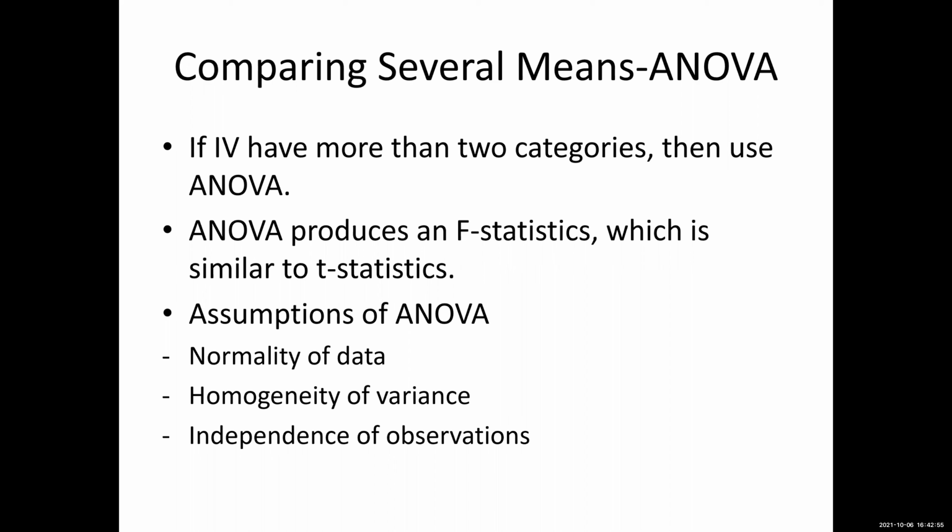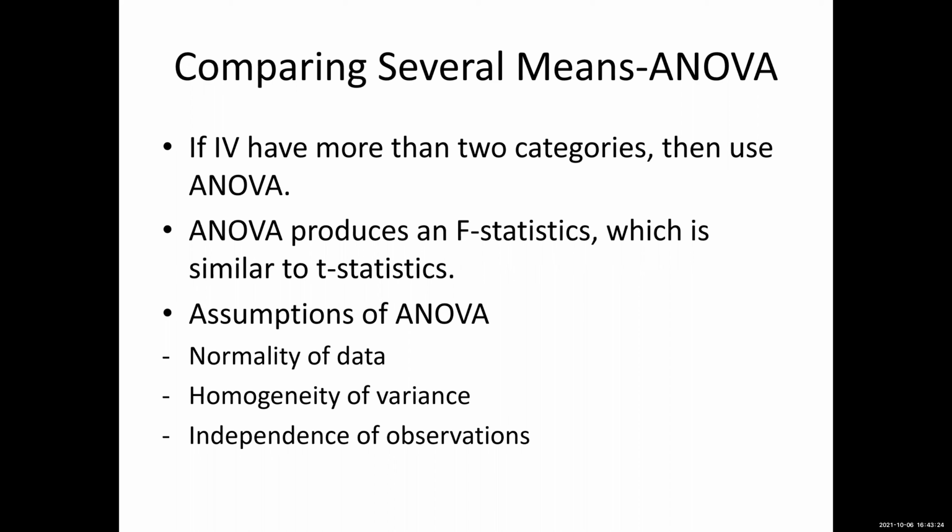If you have more than two categories, you cannot use a t-test; rather you will use ANOVA. ANOVA stands for analysis of variance: AN is analysis, O is of, and VA is variance. If your independent variable has more than two categories, then we will use ANOVA.